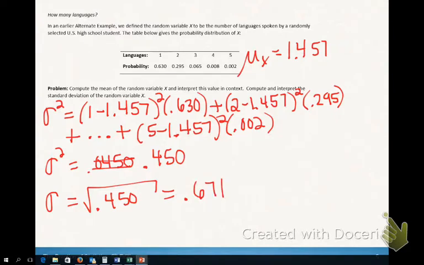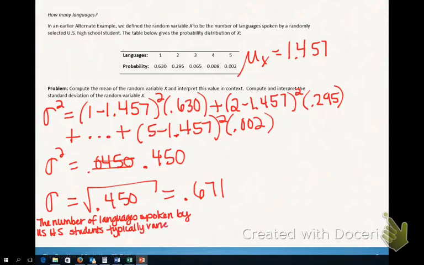0.671. So if we talk about this in context, this 0.671 tells us the number of languages spoken by U.S. high school students typically varies by about 0.671 languages from the mean, which is 1.457 languages.